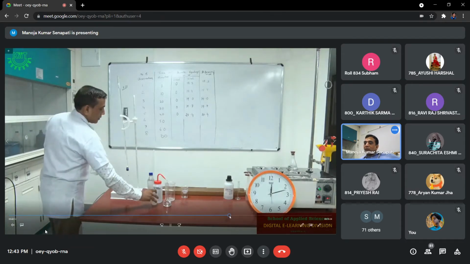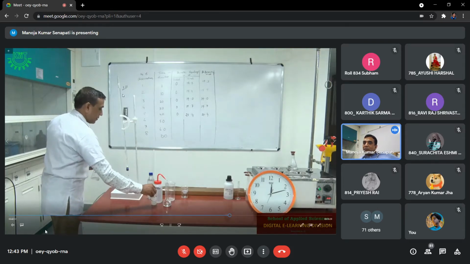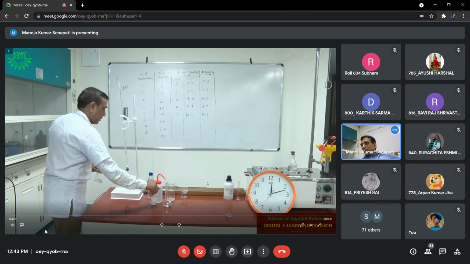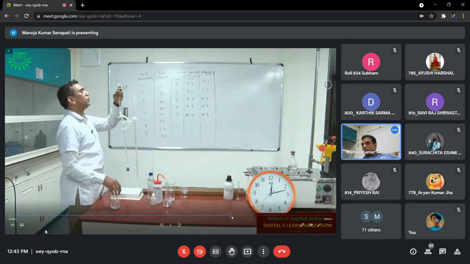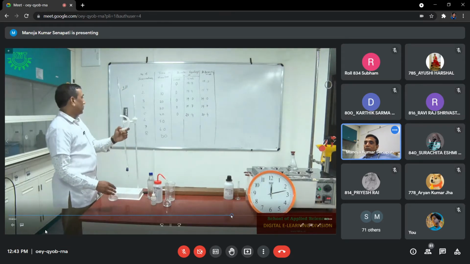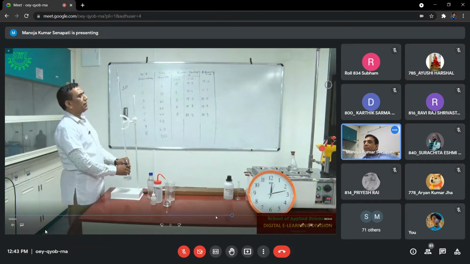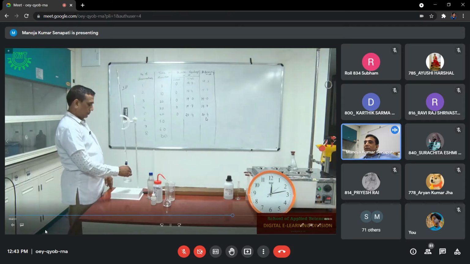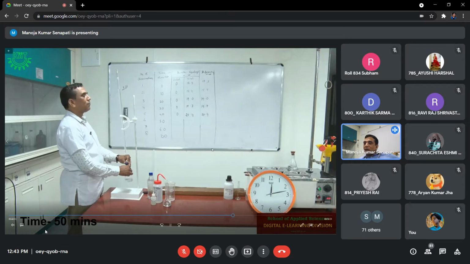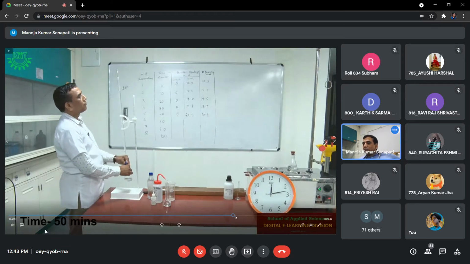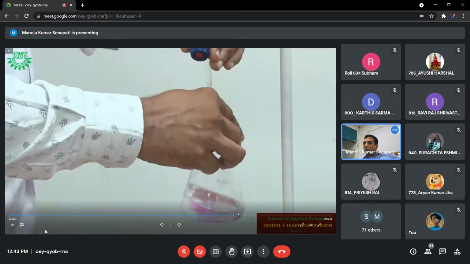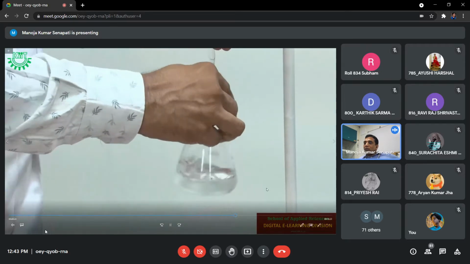Add phenolphthalein, and again you carry out the titration by adjusting the initial burette reading to 0. The same thing, this observation definitely will require more than 20.4. So go on adding 19 ml. Now check it drop by drop.